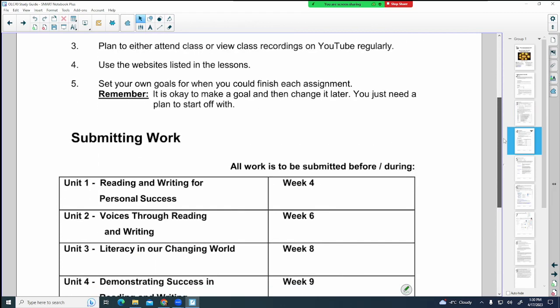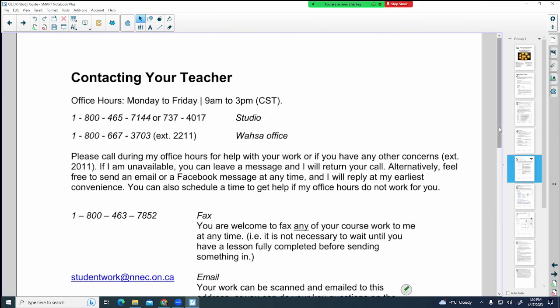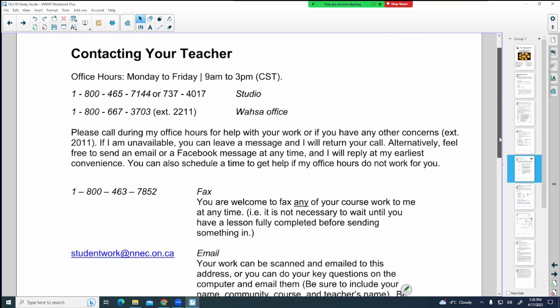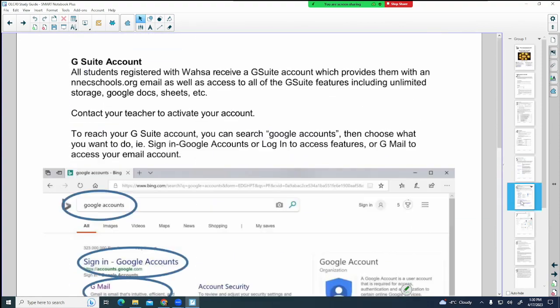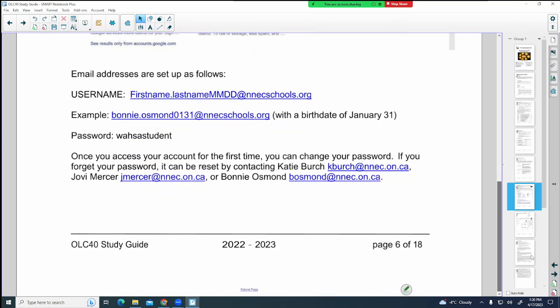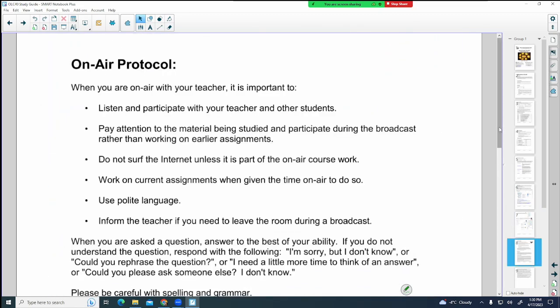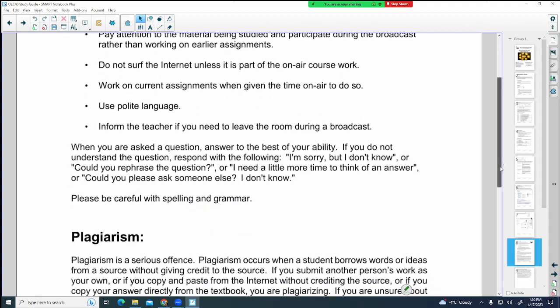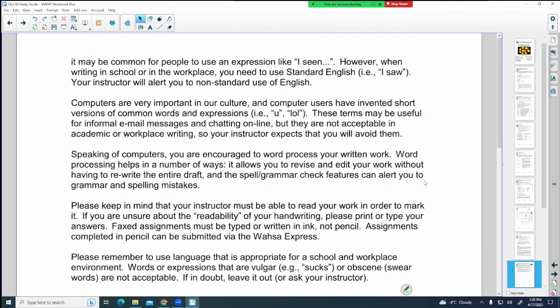So we don't need to go into too much detail, but I would like you to review the course study guide. Make sure you go through a lot of this, especially the details at the back. There's some information about using Google accounts, some standards and some ways to behave.